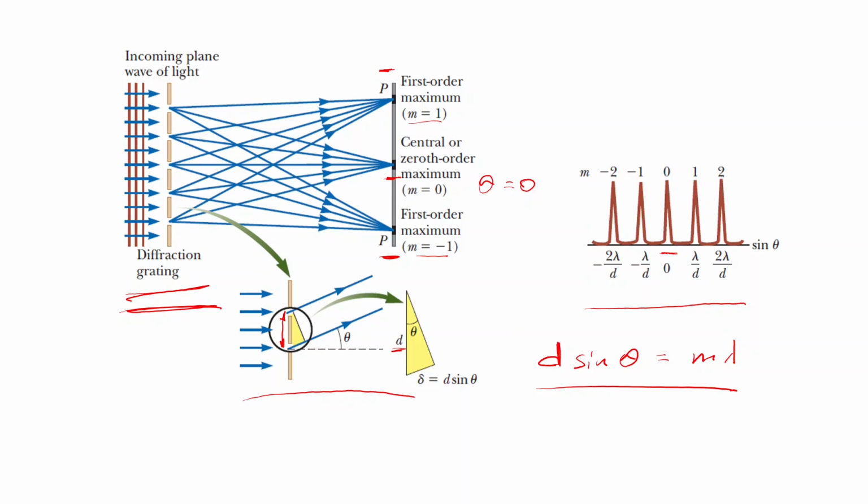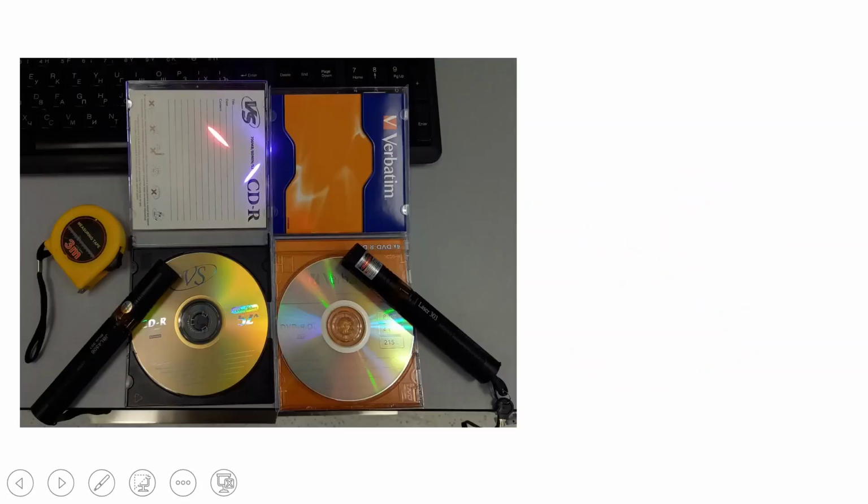So with this, we move to another slide, and here we will show a very simple way how we can use a simple diffraction grating in the form of CD and DVD discs to determine wavelengths of two lasers. So we have a red laser and a blue laser.